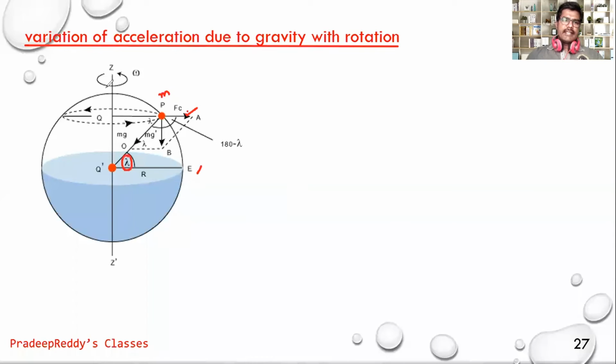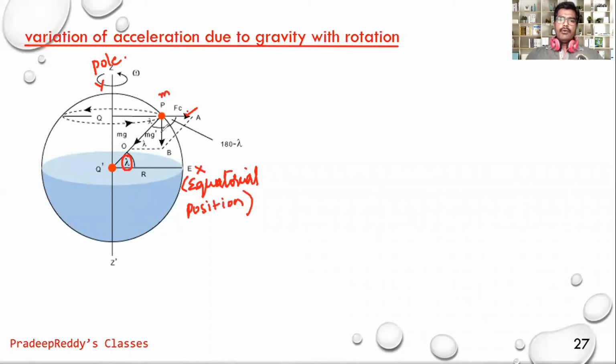This is the x-axis, this is the y-axis. This position is called the equatorial position, and this is the pole of the earth. So with respect to the equatorial position, you are calculating acceleration due to gravity at an angle lambda.